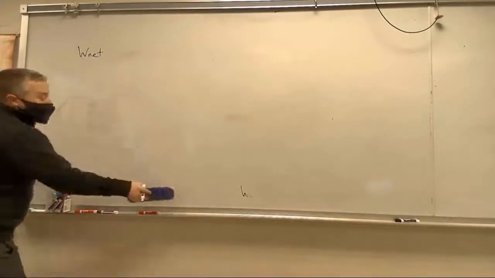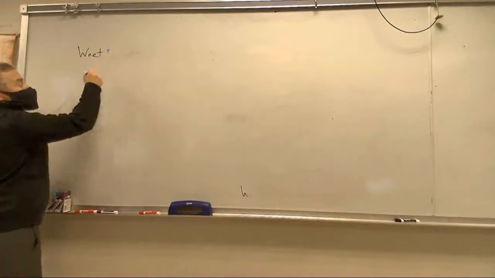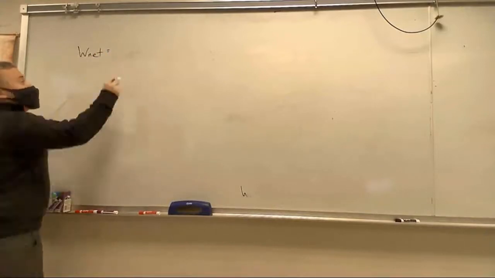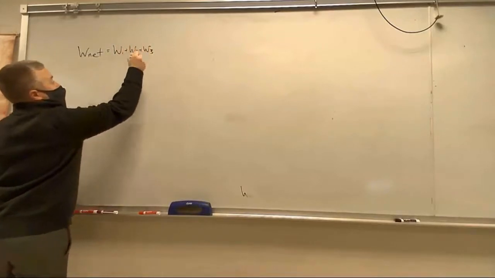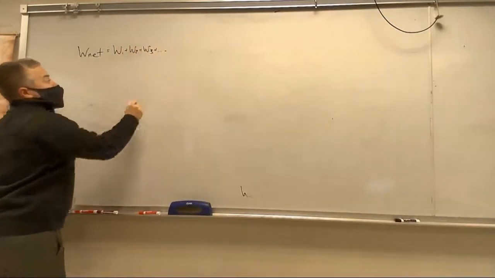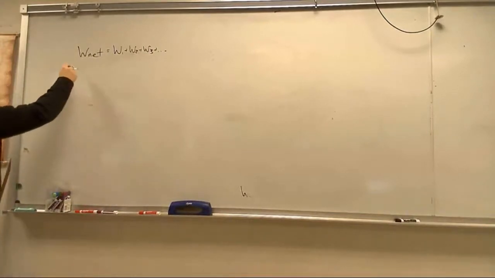So, how do we calculate work net? There are 2 ways. The first way is really, really simple, and it's this. Because energy is scalar, you just add up all of them. However many works there are, add them up. The second way is as follows.